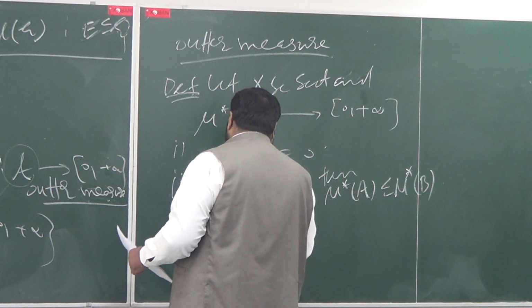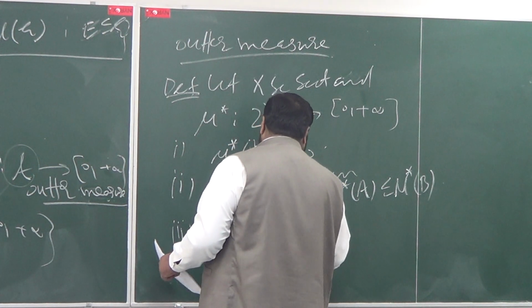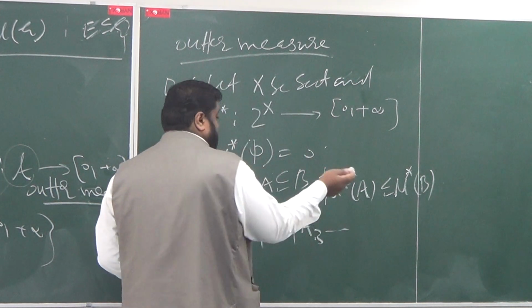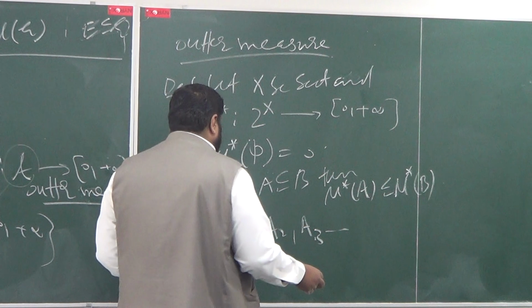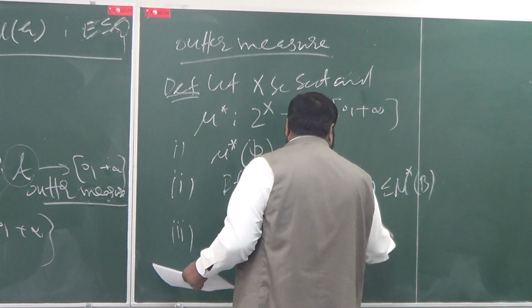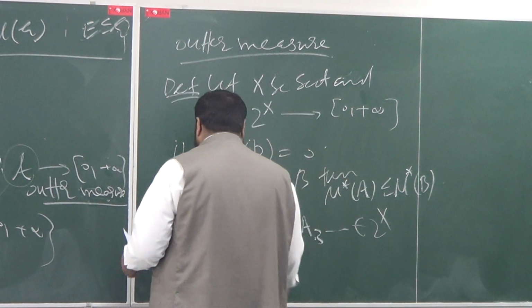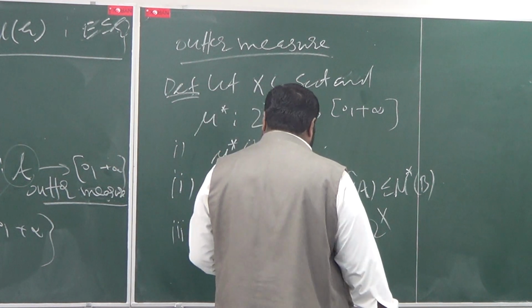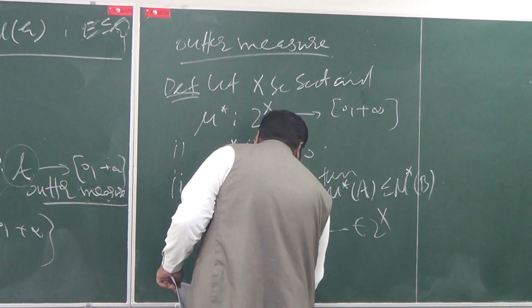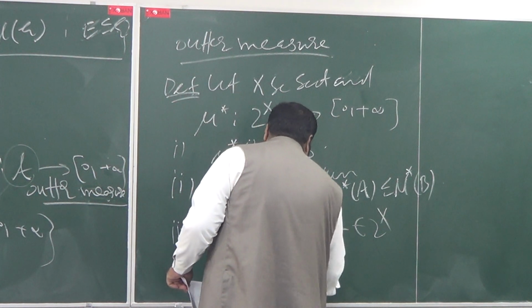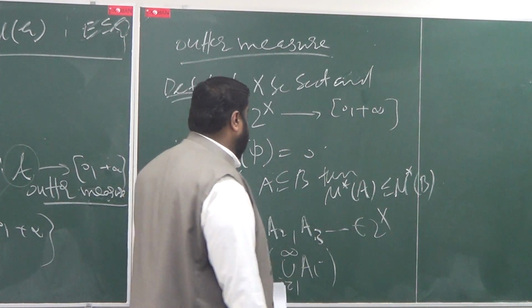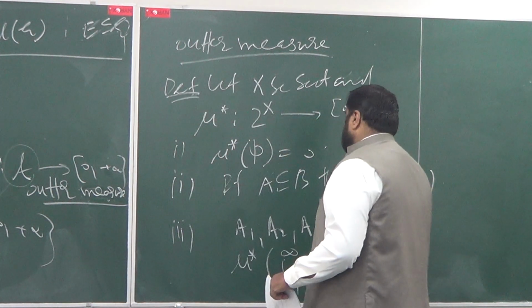And the third property, which makes it different, is this: if I have a sequence of subsets A_i of X, each belonging to 2 to the X, then mu star of the countable union of these A_i is sub-additive.